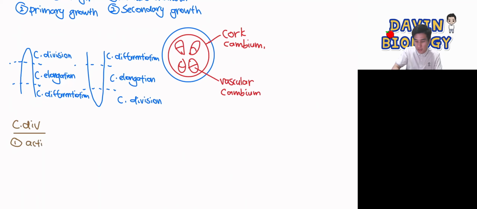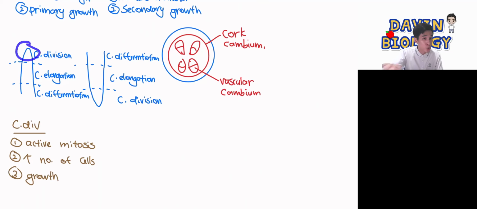So I just write the keyword, active mitosis. Now, why do they keep on undergoing mitosis? Because you need more cells to grow. So basically, it's to increase the number of cells for growth.